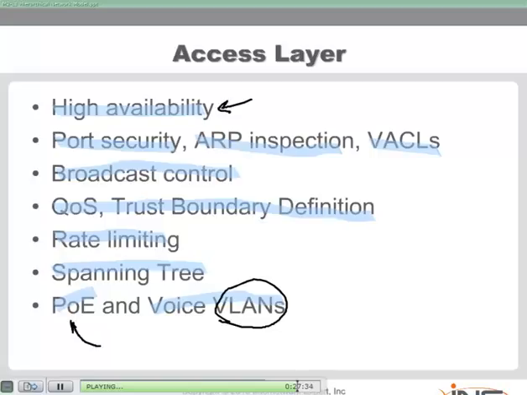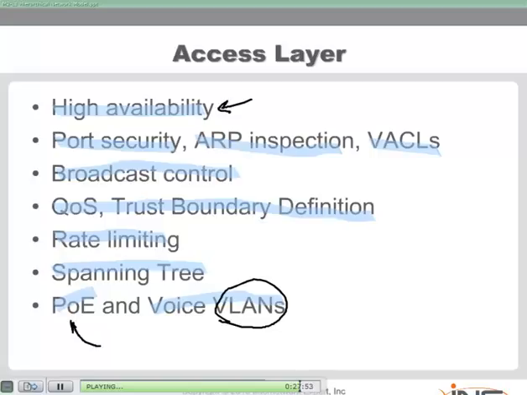So, a look at the technologies and the definitions of our 3-layer Cisco hierarchical model. We're not going to abandon this model in the next section of the course. We're just going to expand upon it.